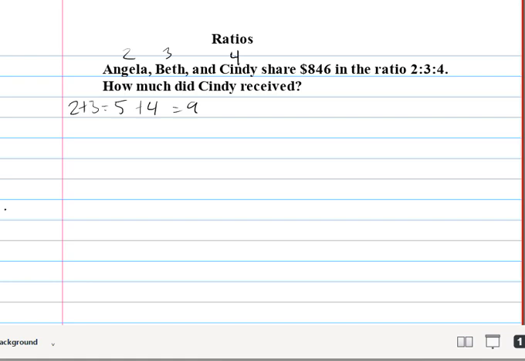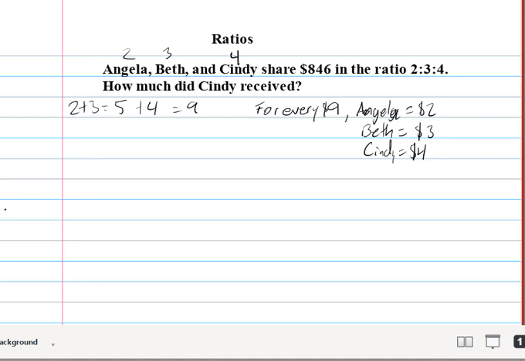And I can say for every $9, Angela gets $2, Beth gets $3, and Cindy gets $4.